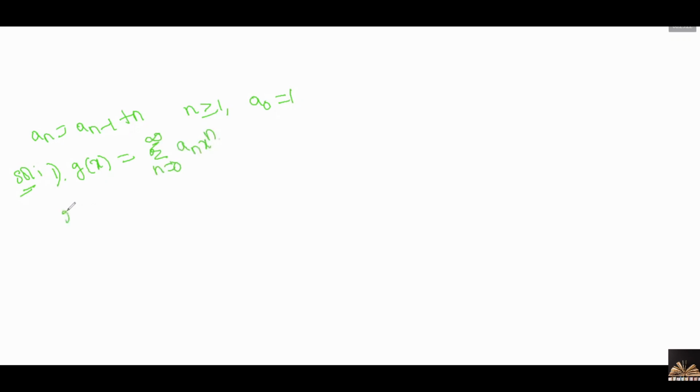Right? Now the second step is multiply this equation with x power n. Therefore what you will get: a n into x power n is equal to a n minus 1 into x power n plus n into x power n.